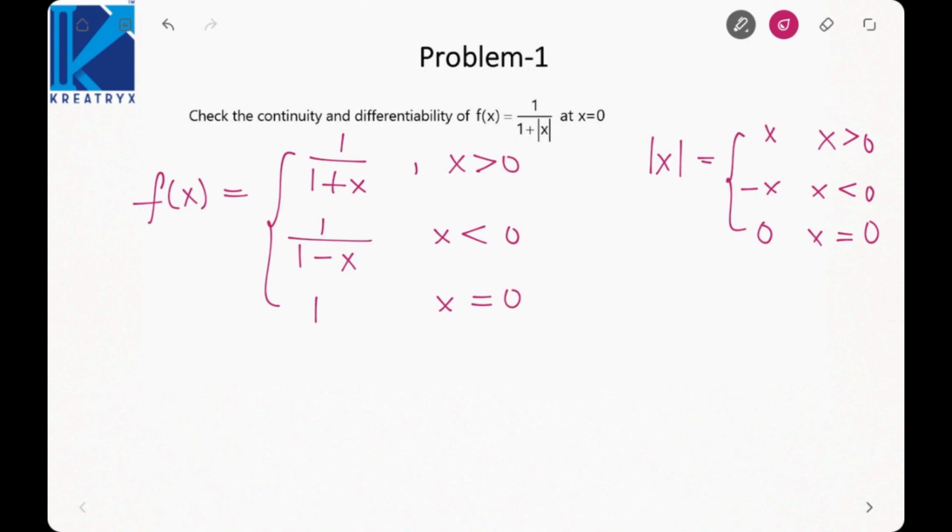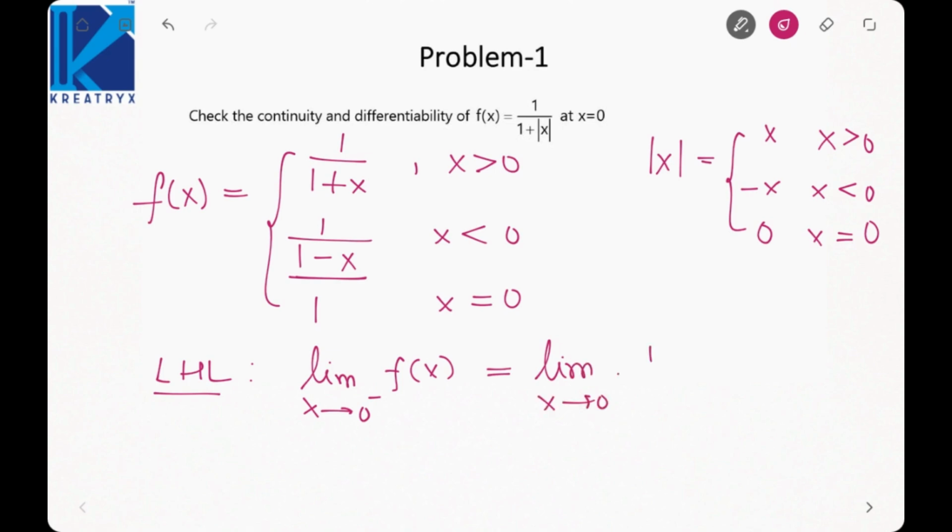Now if you want to check the continuity, you will calculate the left hand and the right hand limit. So the left hand limit is limit x tending to 0 minus f(x). If you are just below 0, you will be using the second definition. So it will be limit x tending to 0, 1 upon 1 minus x, which will come out to be 1.